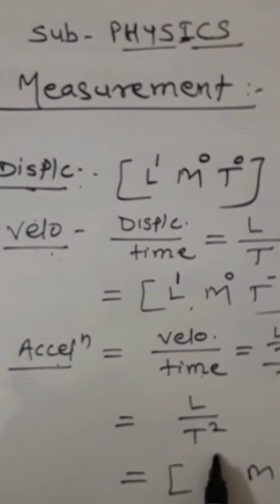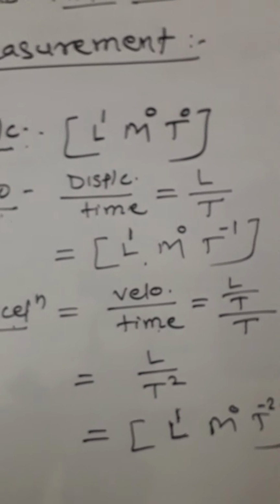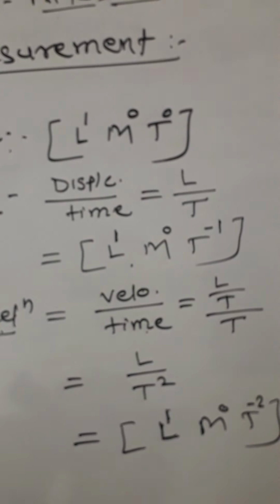Then L is here 1, m there is no m, 0, therefore t raised to 2, this is the denominator side, take upward side, then this is the -2. L1 m0 t minus 2, these are the dimensions of the acceleration. This is the dimension of acceleration, L by t square.